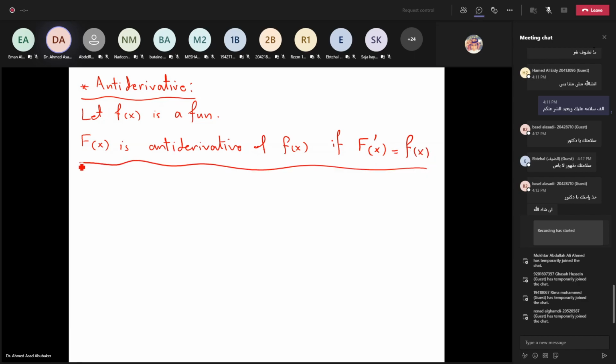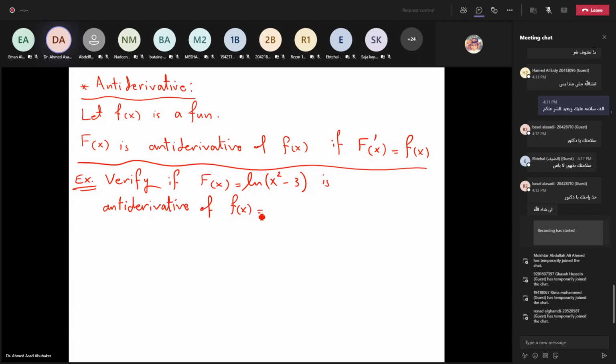For example, we need to verify if F capital equal ln of x square minus 3 is the antiderivative of f small that equal to x over x square minus 3.